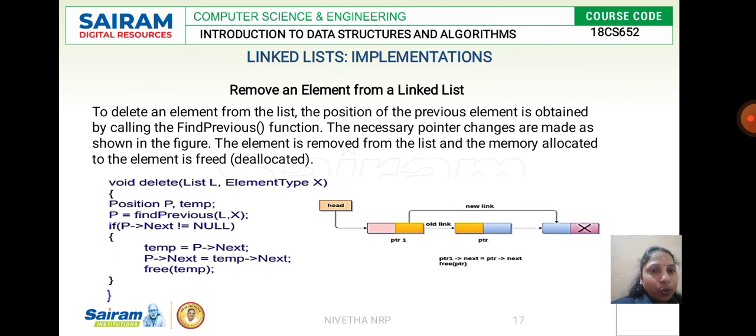Now temp is P of next, the address of the node you are going to delete. Then P of next will be temp of next. Now the link has been created and you will be deallocating the memory that was allocated.